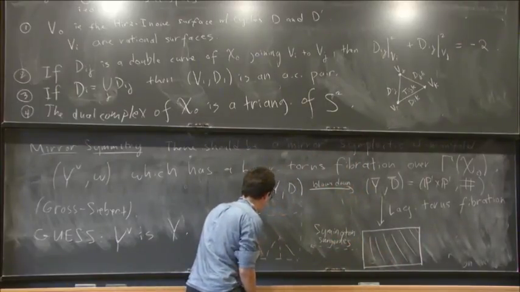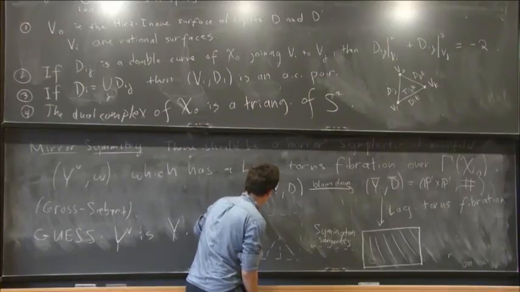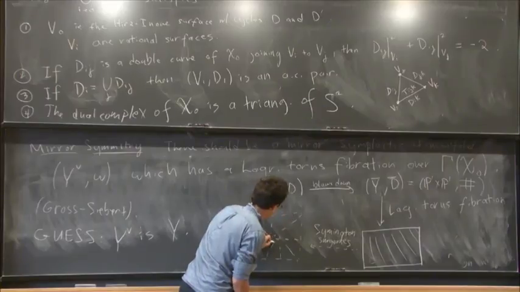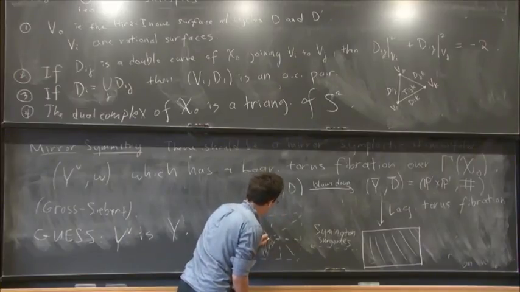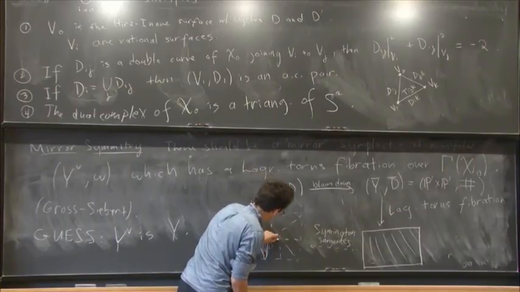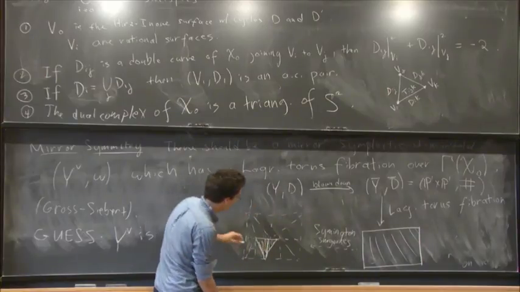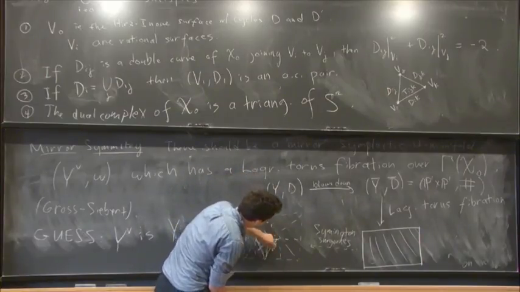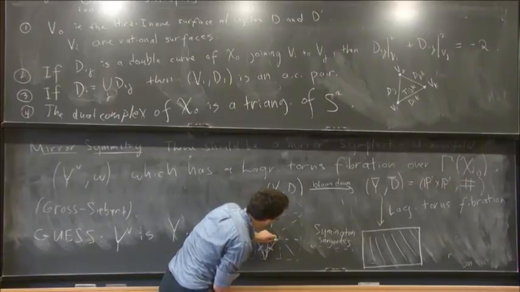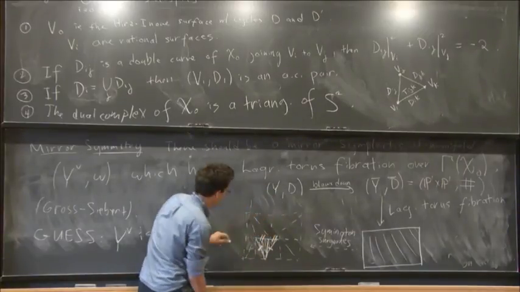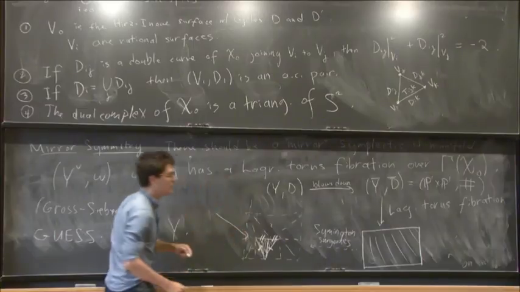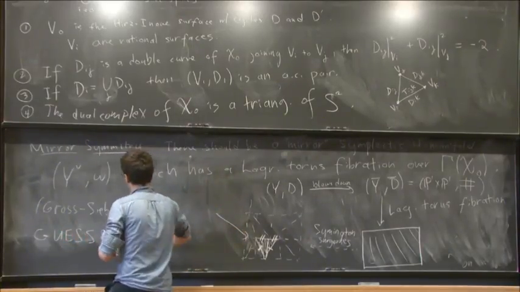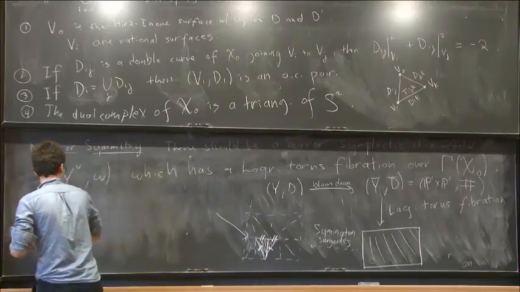Once you do that, what you end up getting, after certain identifications and gluings, is an integral-affine sphere with a certain set of singularities.